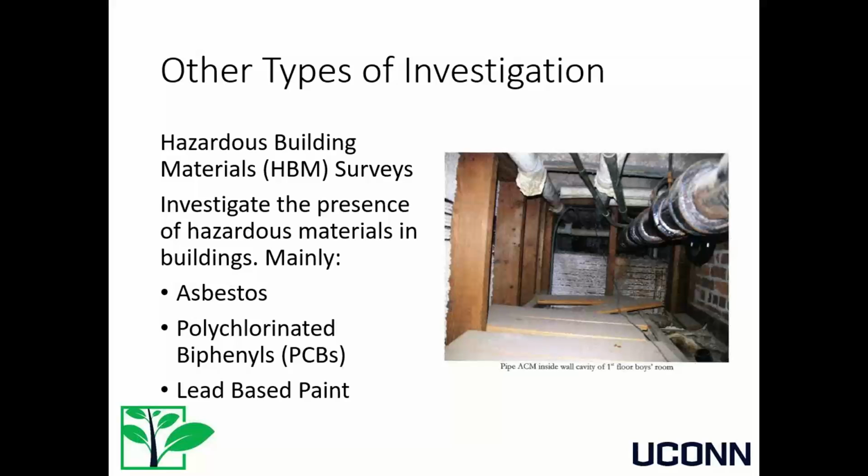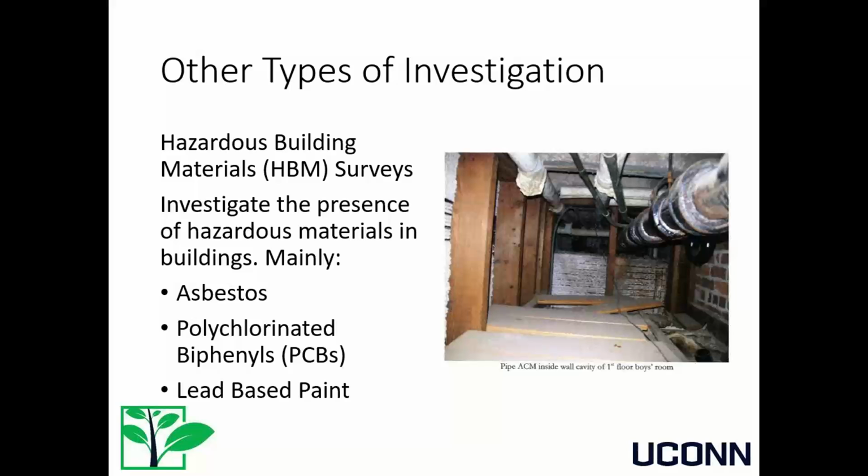Typically, the phase 1, 2, and 3 do refer to essentially soil, groundwater, soil vapor, but there are many cases where we might do an assessment on a building to identify the hazardous building materials. So those we call hazardous building materials surveys, where we identify if there are hazardous materials present on a specific building.